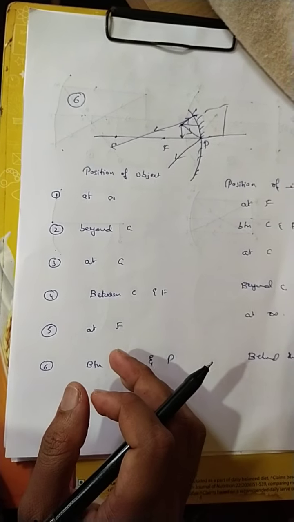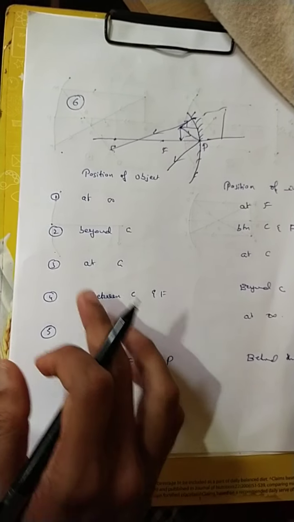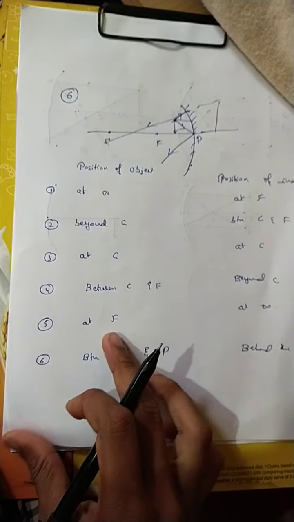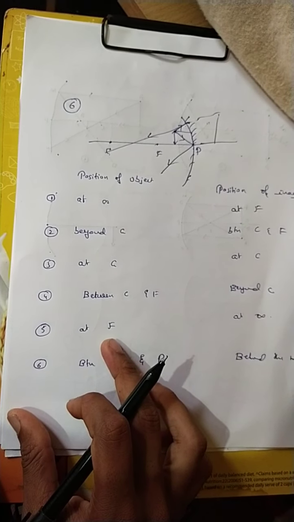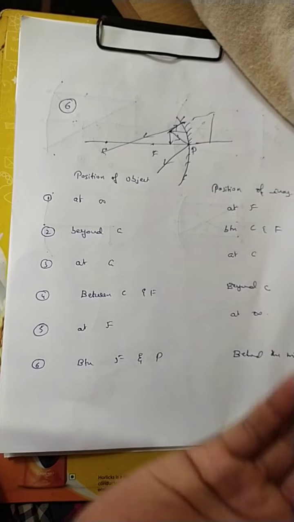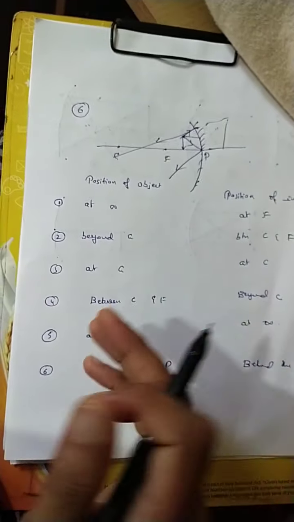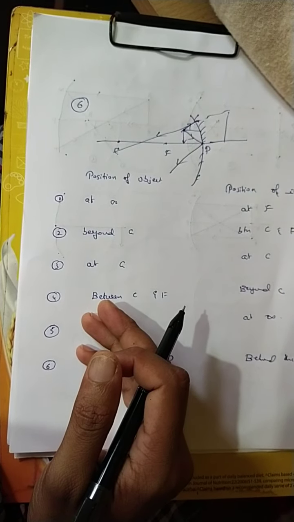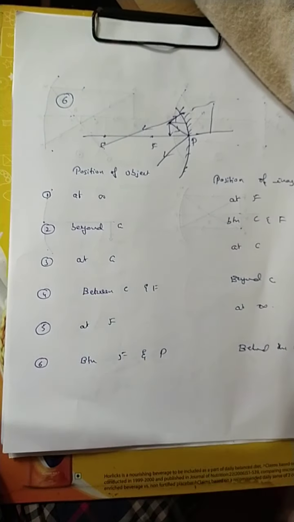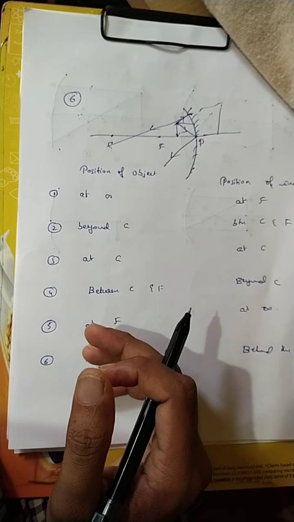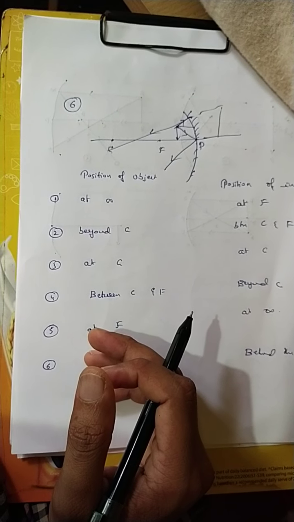Next, we can discuss size. When the object is placed at point P, the image size is very small. And once again, open your textbook to pages 163 and 164. Then you can see the images for the different positions of the object in front of concave mirrors.